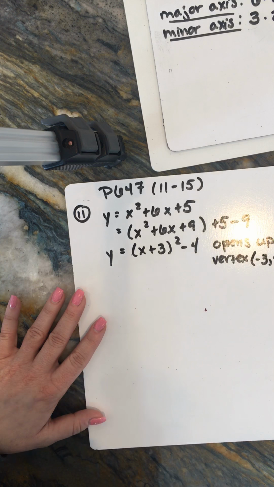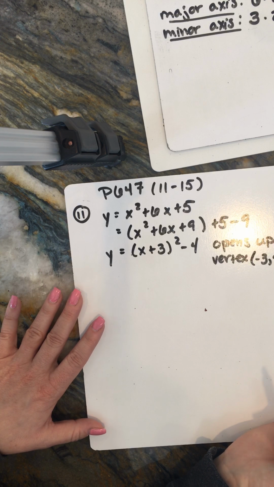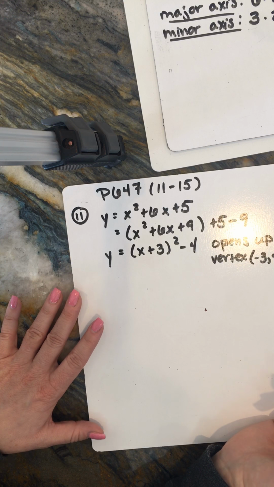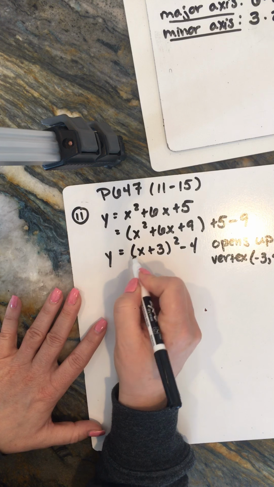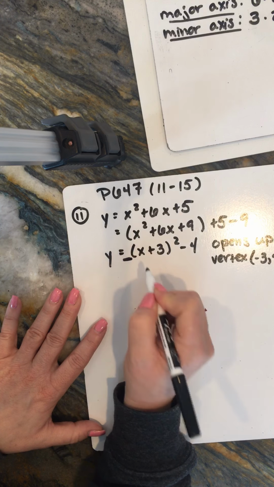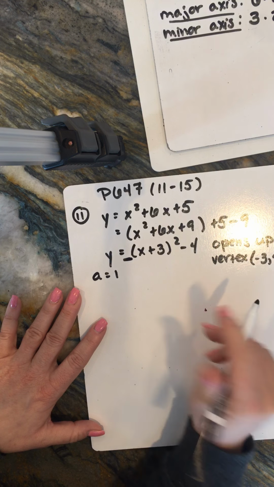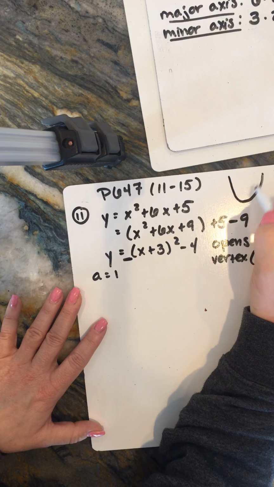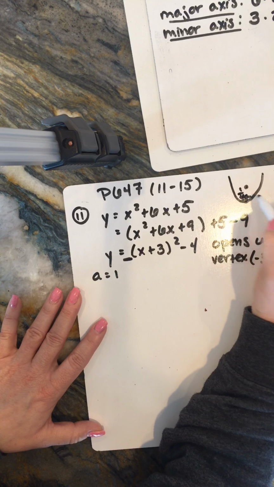We are also asked to find the focus and the directrix. So remember that this guy right here is a up front, and it's 1. So a equals 1, and the distance from the vertex to the focus is 1 over 4a.